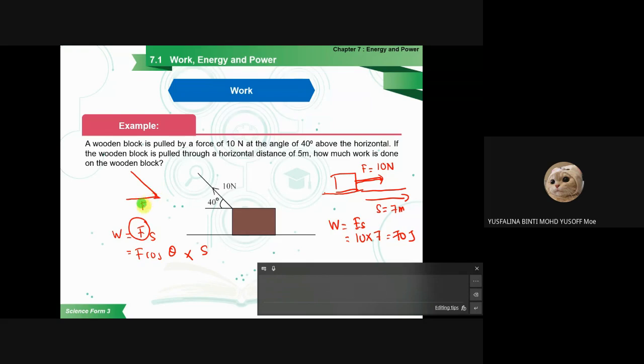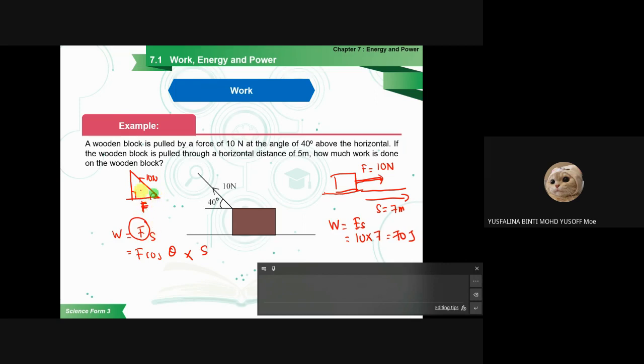This is the force, 10 Newton, and you want to find F here. If you know trigonometry, you must form a right-angle triangle, 90 degrees. So you have to form the triangle here. How do I find the F here?